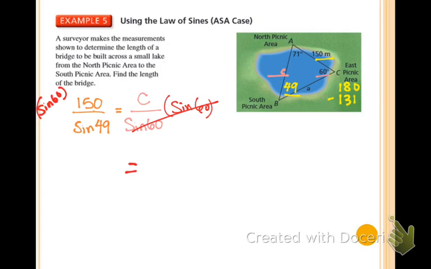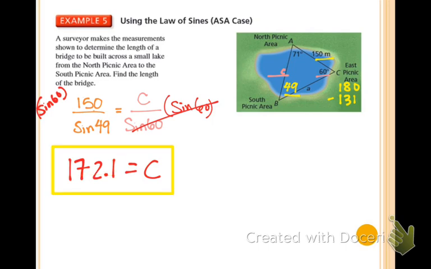Did we all get that? 172. Rounded to the nearest, we'll still do the tenth. What do we get? 0.1. And it doesn't give us a measurement. Meters? I saw you write meters, I just couldn't read it. Oh, I see, it's an M.